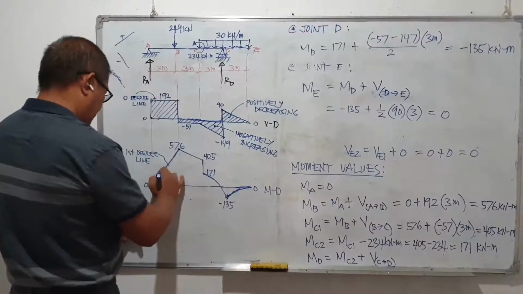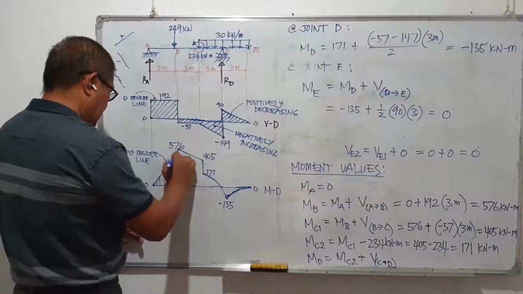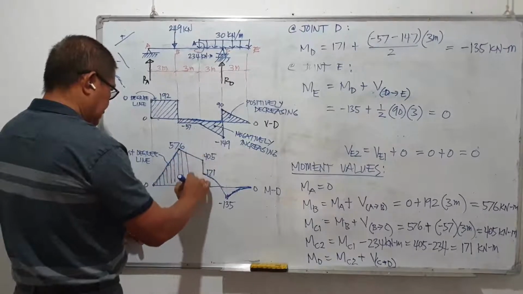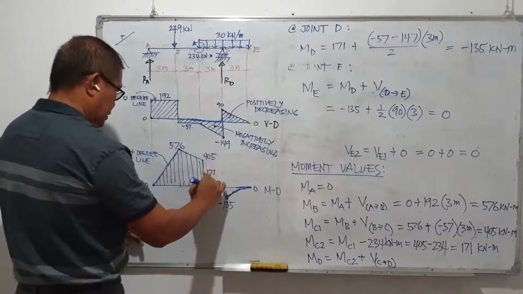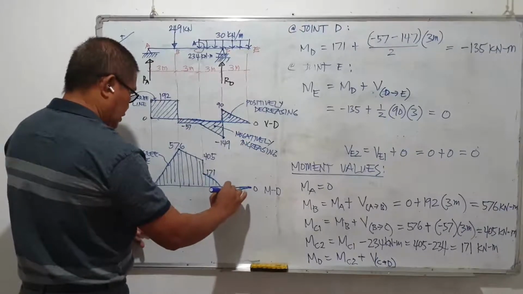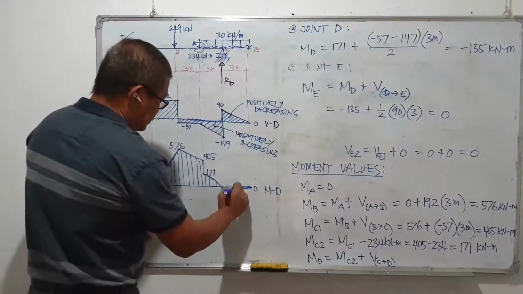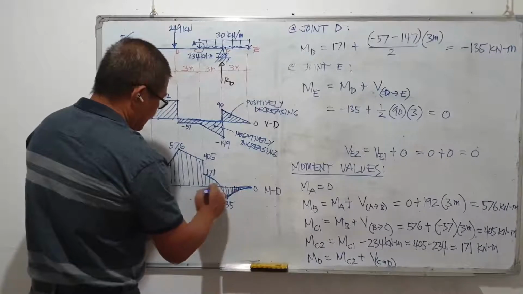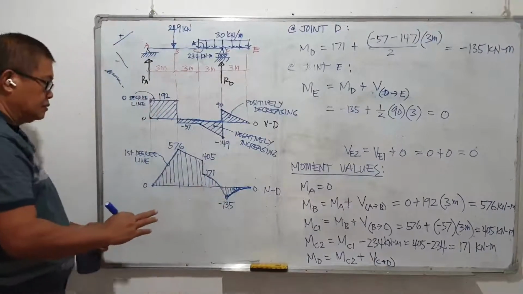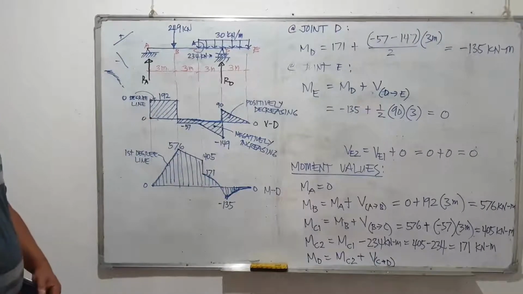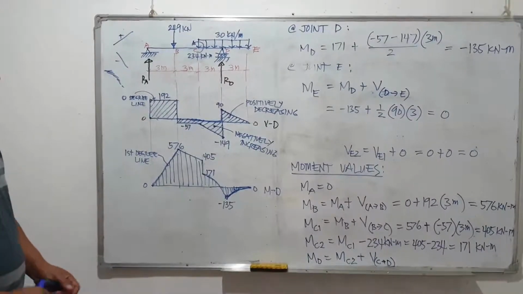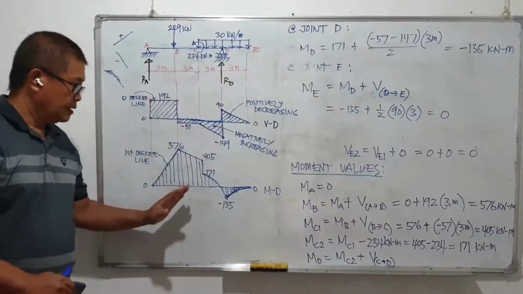So we will cover this one with vertical lines to differentiate from our shear lines. So inside the curve, or the curves from one segment to the other, are the two values of our shear and moment.